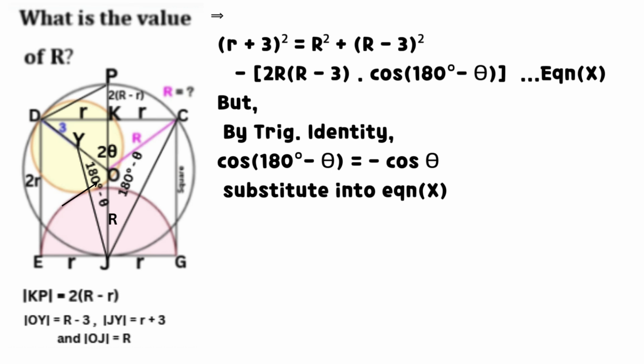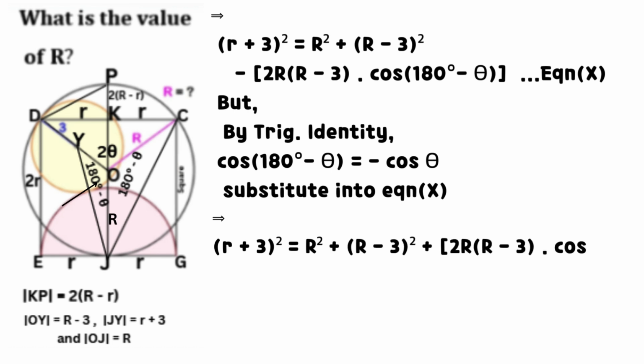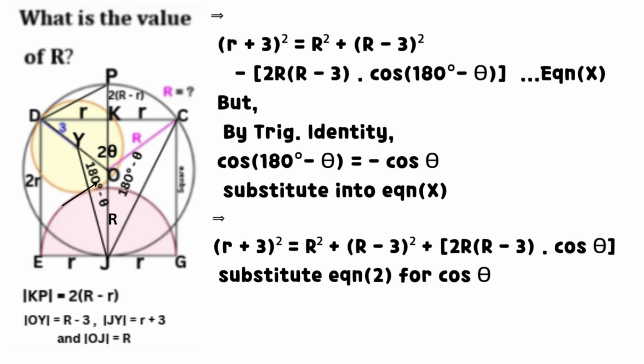By trigonometric identity, cosine 180 degrees minus theta equals negative cosine theta. Substitute into equation X. It means that the square of small r plus 3 equals the sum of the square of r and the square of r minus 3, plus 2 times the product of r and r minus 3 multiplied by cosine theta. Substitute equation 2 for cosine theta.